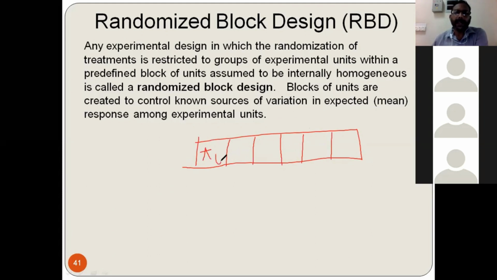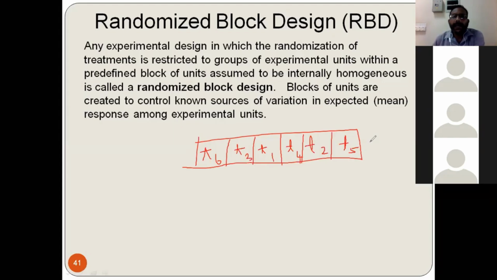Randomly, I can allocate the treatments, not in order. You see, treatments are allocated to each of these experimental units on a random basis, right?